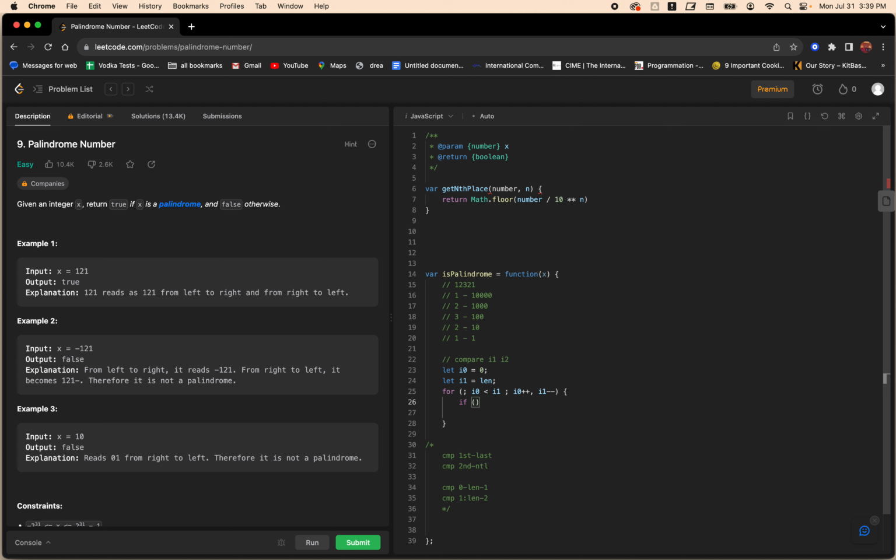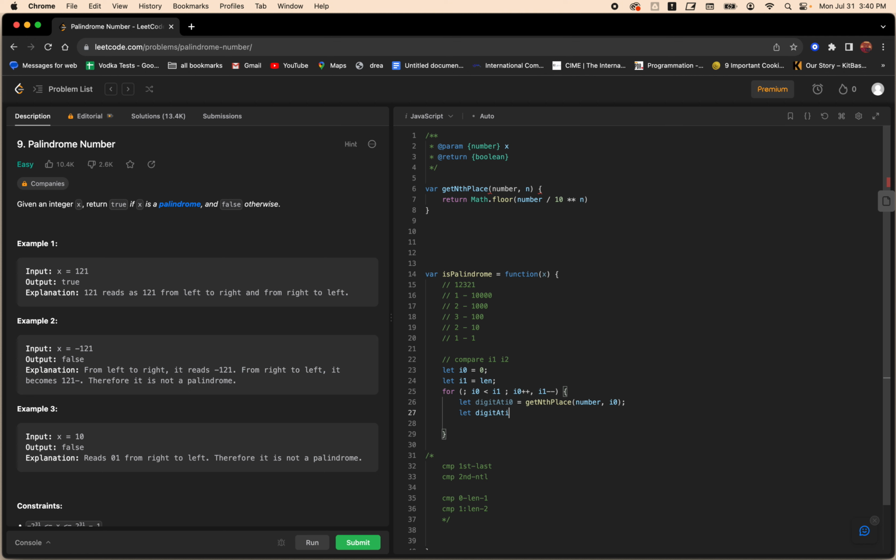So we would just want to make sure that, let the number at I0 be equal to get nth place I0 of the number, and then let number, this is going to be digit, sorry guys, digit at I0 makes a little more sense.